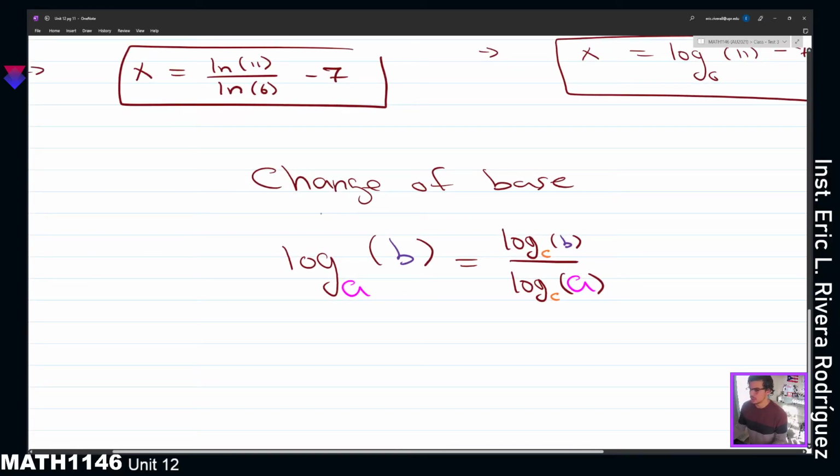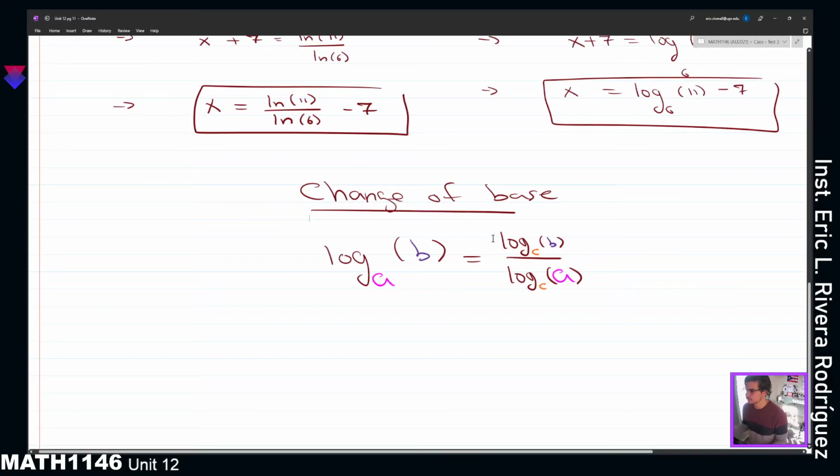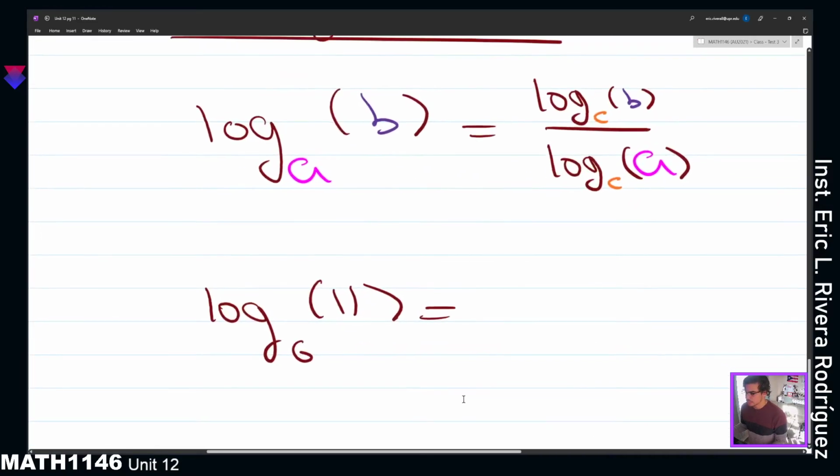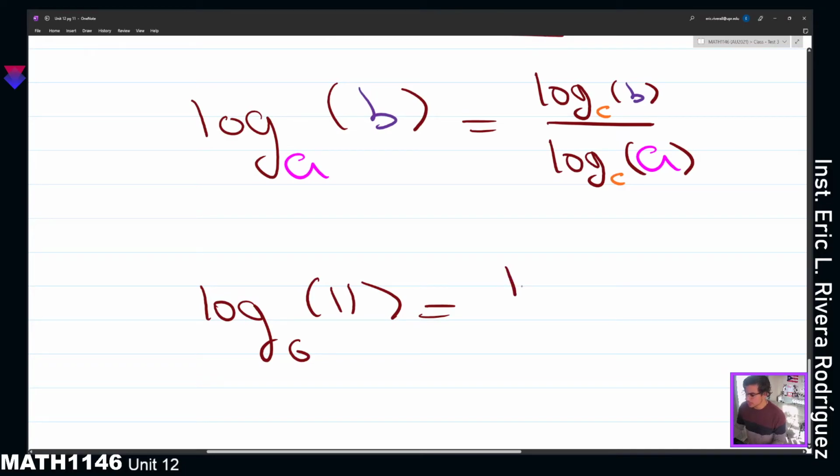Let me do an example here. We want to change log base 6 of 11 to natural log. So what you are going to do is ln of 11 over ln of 6, and that's it. And that's how you turn log of any base to a different base.